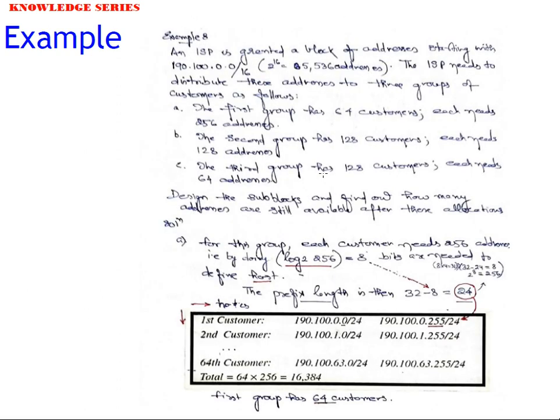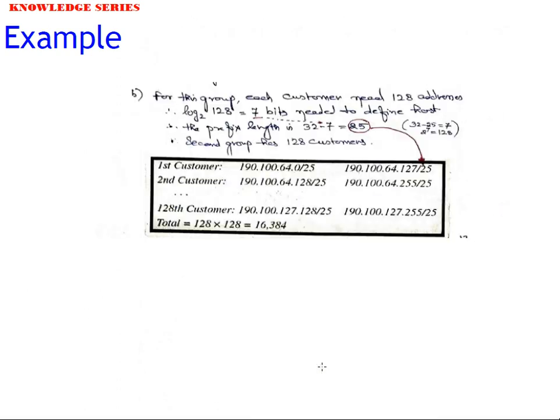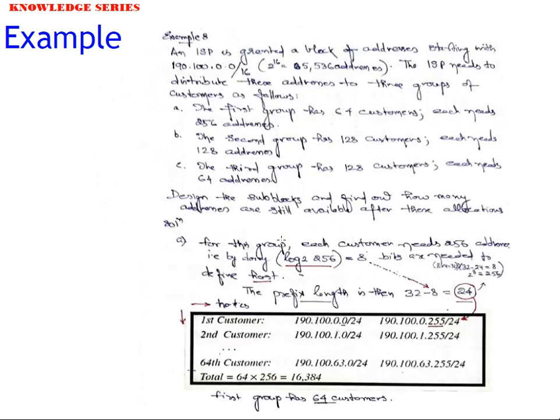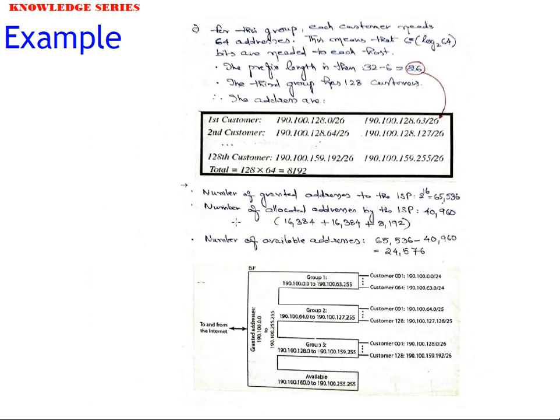That is what we have seen in the previous case, 16,384. In the second case we found about 128 customers, and in the third case you got another 128 customers, and thereby you have put this down in group 1.